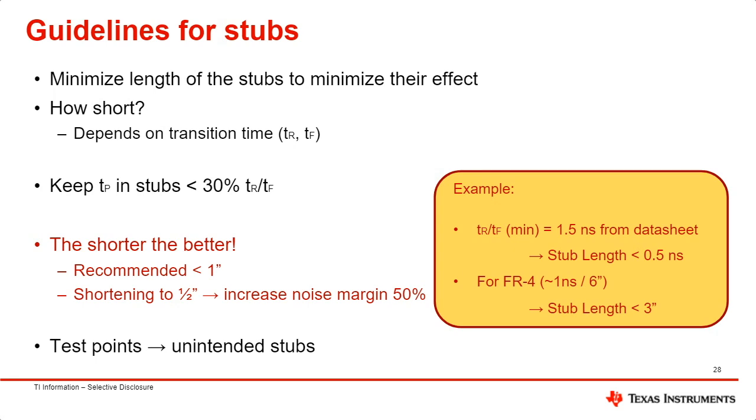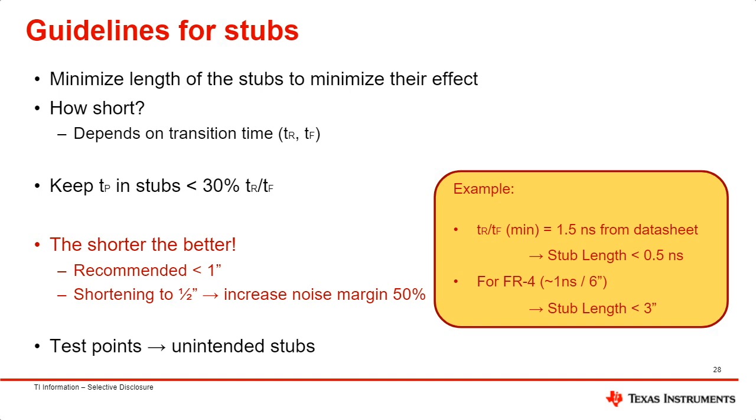It's recommended to keep the total propagation delay of the stub less than 30% of the rise and fall time of the MLVDS driver. This goes back to the benefits of MLVDS defining the transition time to have a minimum of 1 nanosecond. This essentially allows for more flexibility in the length of the stubs off the backplane.